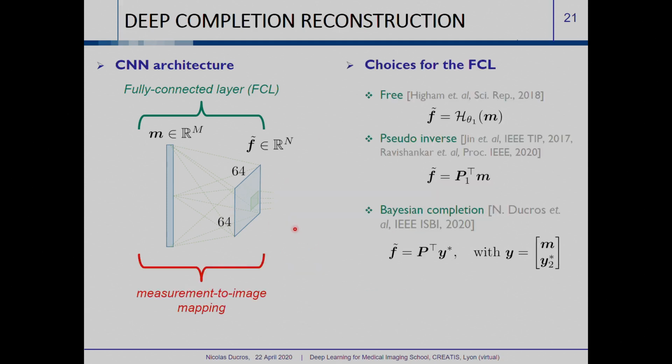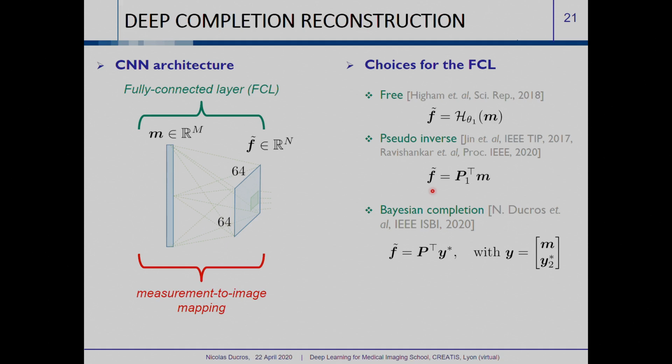Here we compare the different approaches. We have the free fully connected layer as proposed in the original 2018 paper. We have the pseudo-inverse one, in which we just multiply by P1 transpose. So this is what you have when completing the missing measurements by 0.